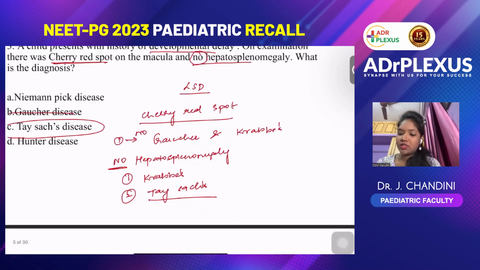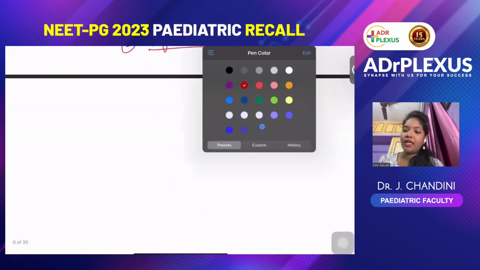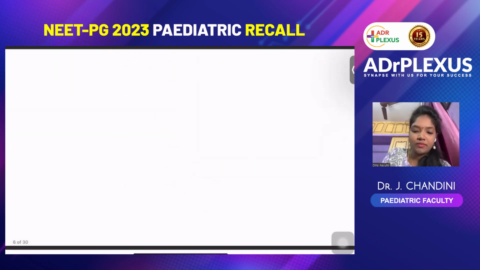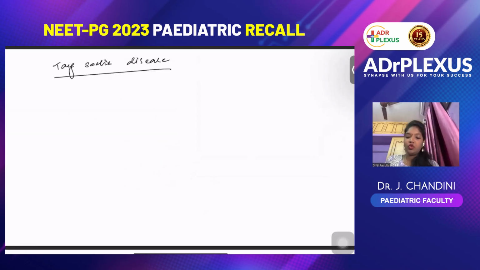What is Tay-Sachs disease? Any idea? Tay-Sachs disease is GM2 gangliosidosis. What is the other GM2 gangliosidosis? Sandhoff. Sandhoff is another GM2.